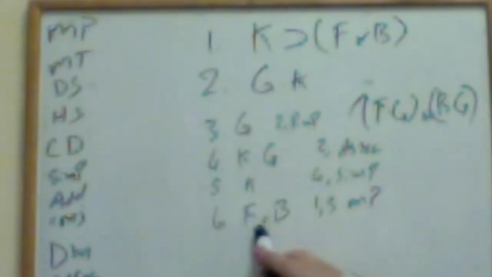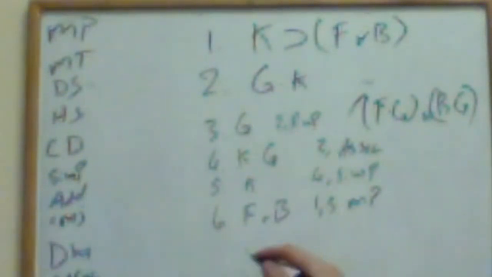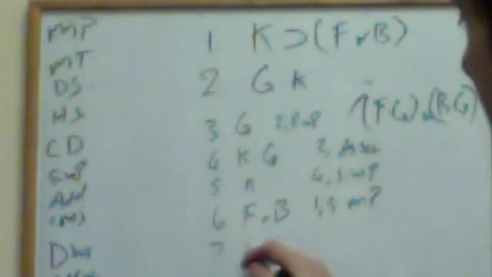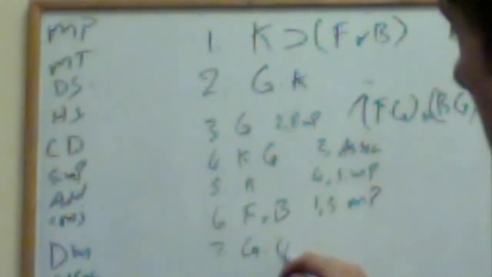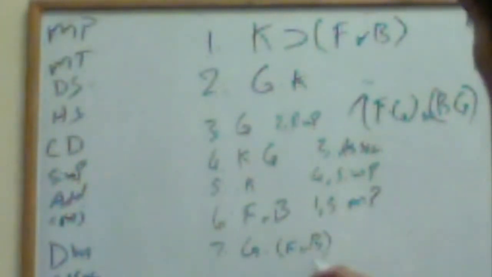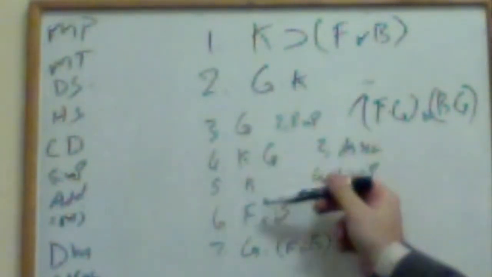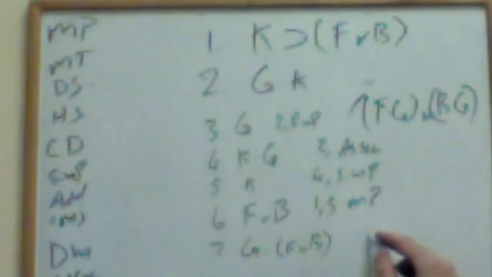And now, of course, we're done, almost. Now we can take F wedge B and we can take G, and we want to put them together. So we write line 7, and we have G dot (F wedge B), and we got that from lines 3 and 6 using conjunction.